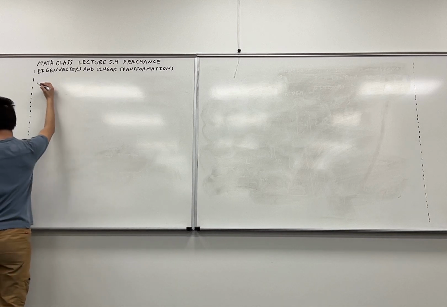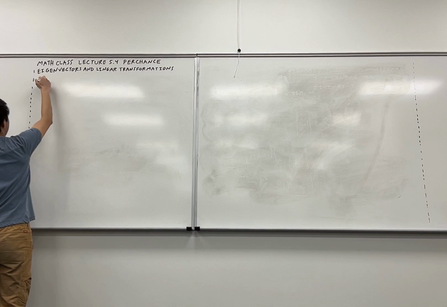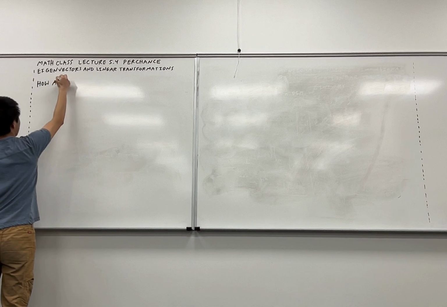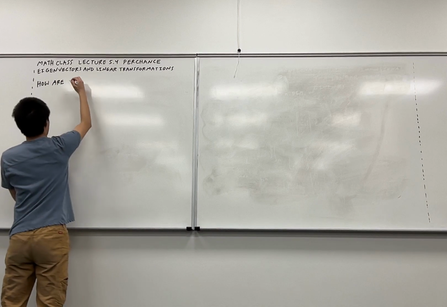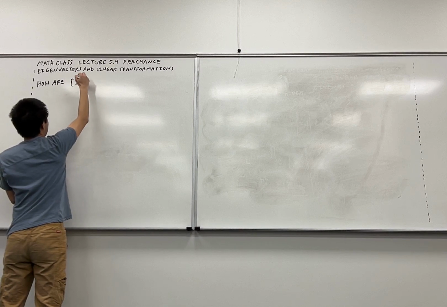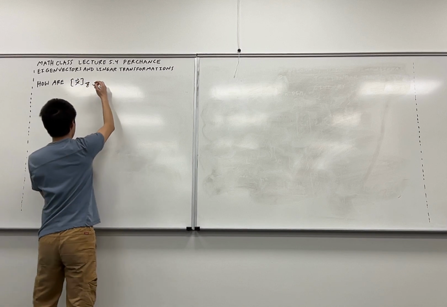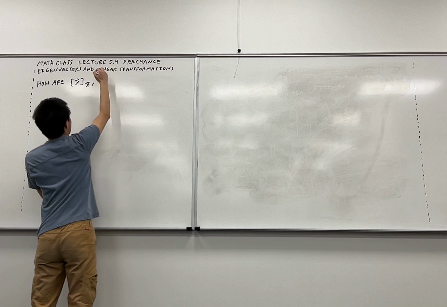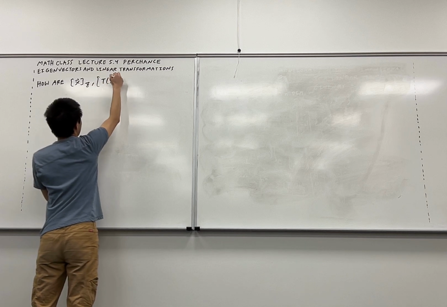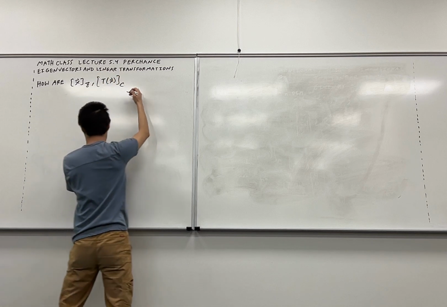So the way we'll finish today is we'll answer this question. How are the vectors x given with b coordinates and the transformed vector given with the c coordinates related?